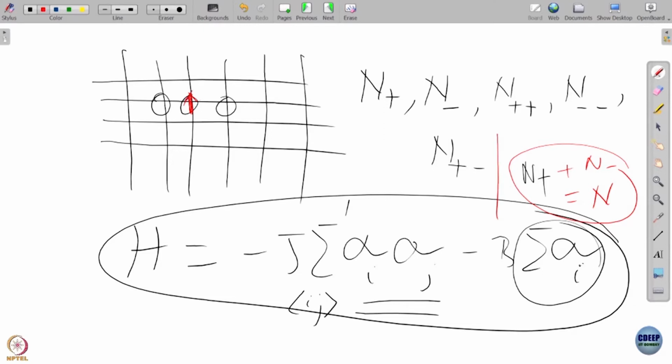I take all the spins up, and then I draw a line. From the up spin, I draw a line, let me draw that as a green line, to the nearest neighbor. So I pick up only the up spins, and from the up spins, I draw a line to the nearest neighbor, because I have only nearest neighbor interactions.